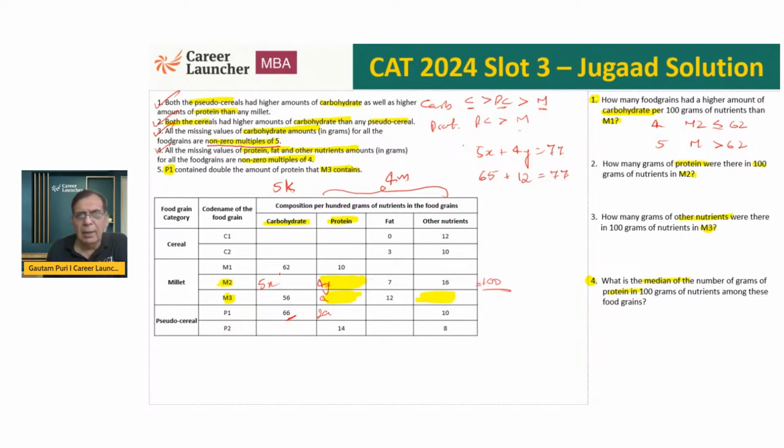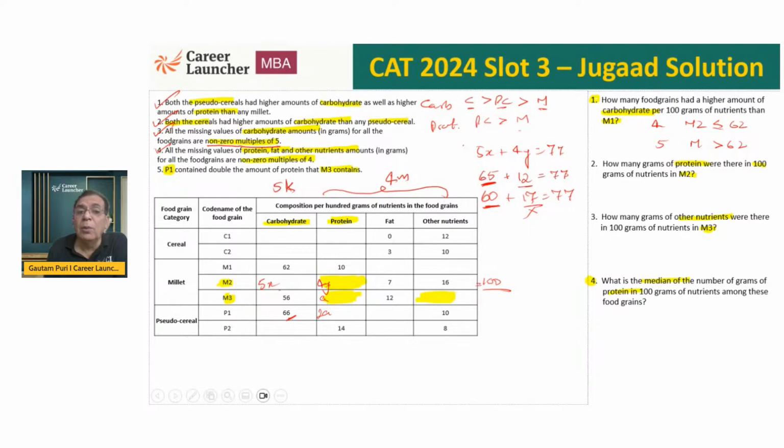Can this be 60? This will mean 17. Now please tell me, is the first one okay? 65 plus 12, yes, it is okay, because 65 is a multiple of 5 and 12 is a multiple of 4. What's wrong with the other choice? 60 and 17: 60 is a multiple of 5, but 17 is not a multiple of 4.